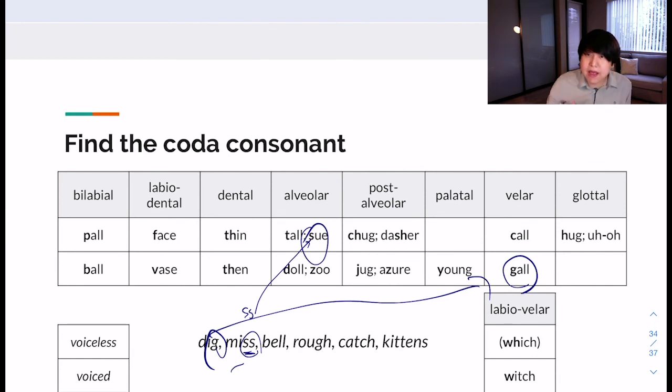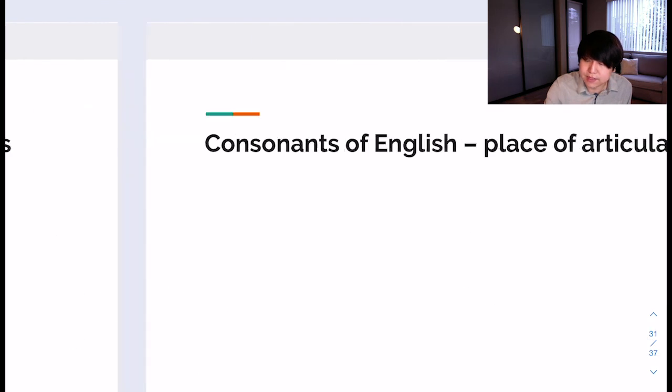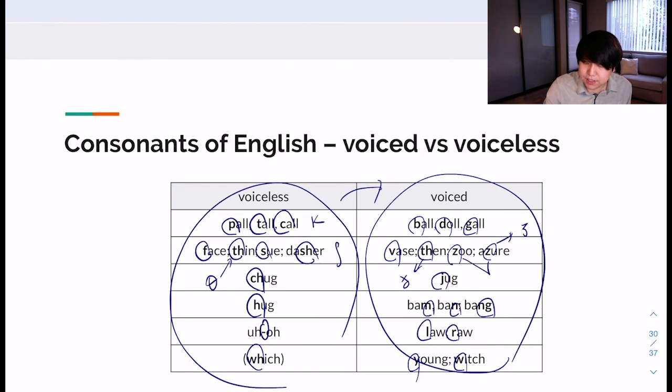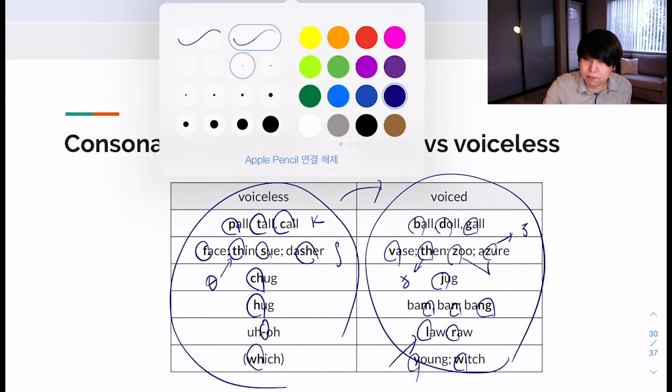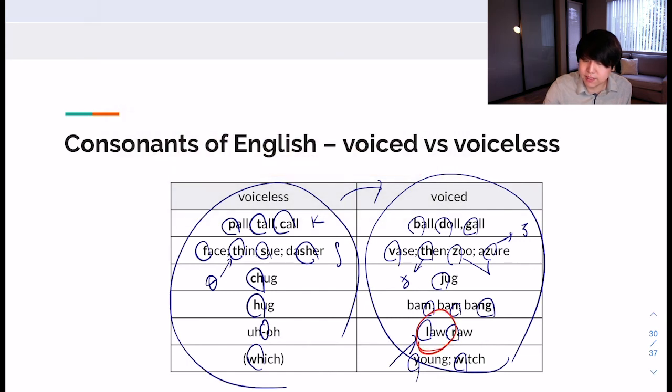And bell, l. Again it's spelled with double l's, but they sound exactly the same as l in law. Sorry, I did not put that in this table. You can see here, it's voiced.